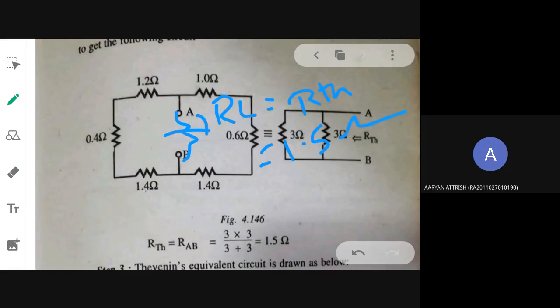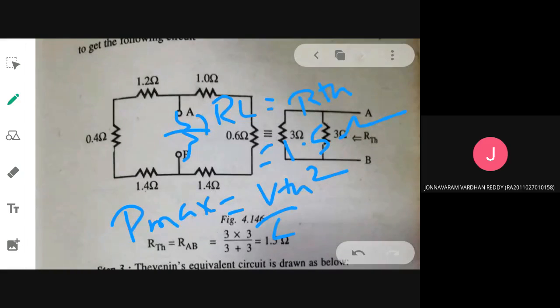So what will be Pmax? What is the formula for finding Pmax? VThevenin square by 4 RThevenin, for RL equal to RThevenin. So what is VThevenin that you have found out? 7.1 whole square divided by 4 into 1.5. So what is my Pmax value? Calculate and tell me.